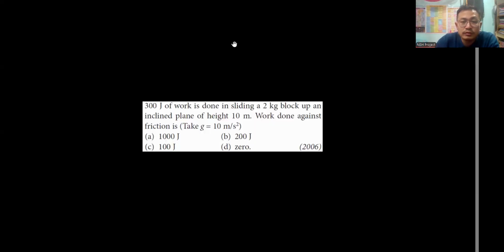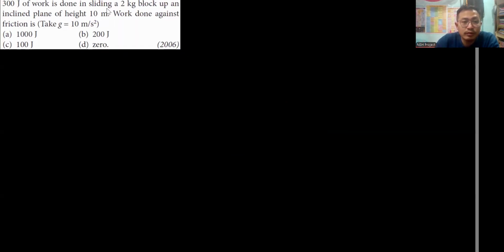Okay. So let's see how to tackle this question. 300 joules of work is done in sliding a 2 kg block up an inclined plane of height 10 meter.